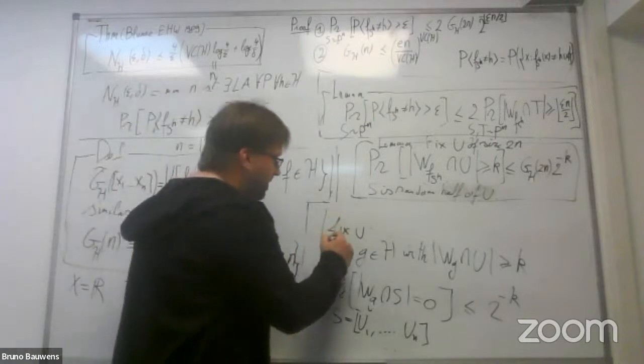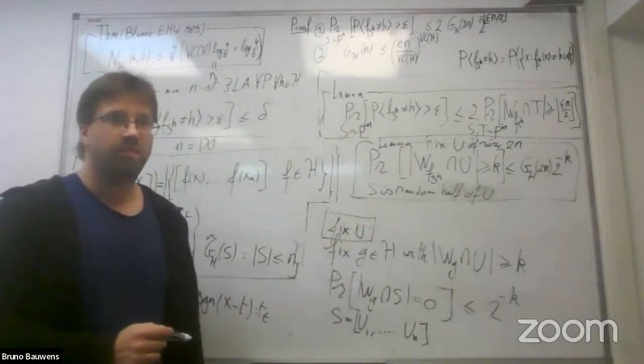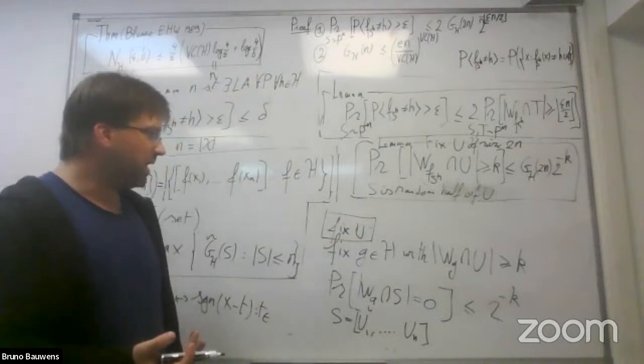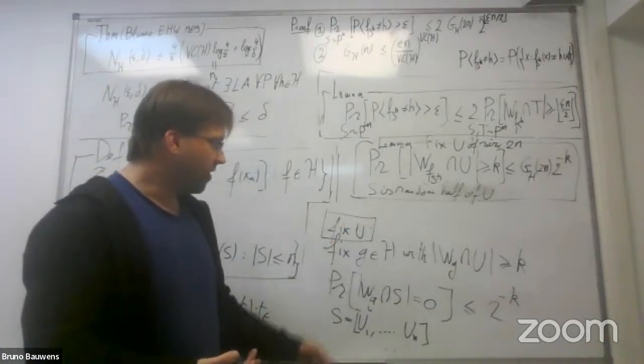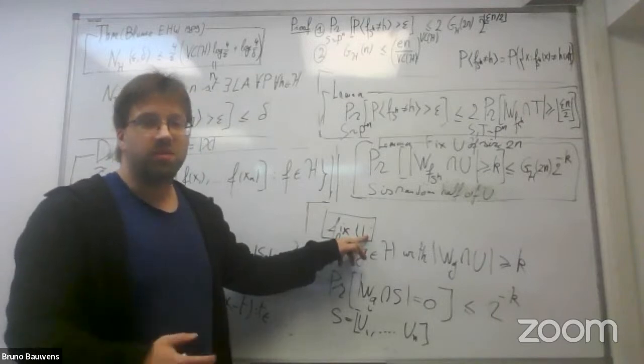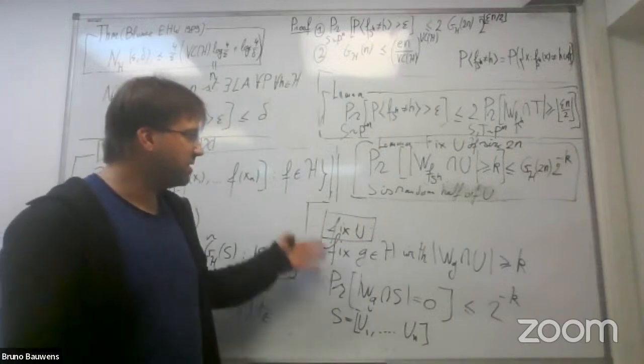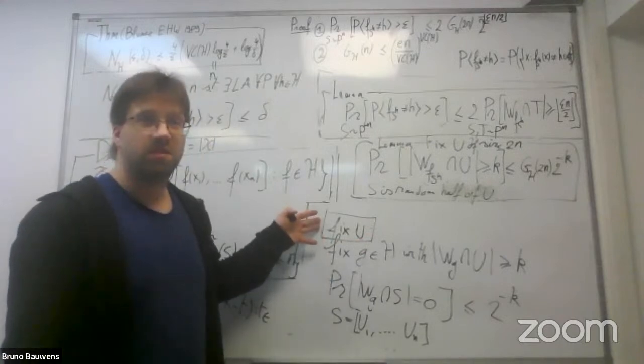Because now we fixed U. U is a set of size 2n, so we only care about the values of our functions inside U. Values of functions outside U do not matter to prove this claim, because again, U is fixed.